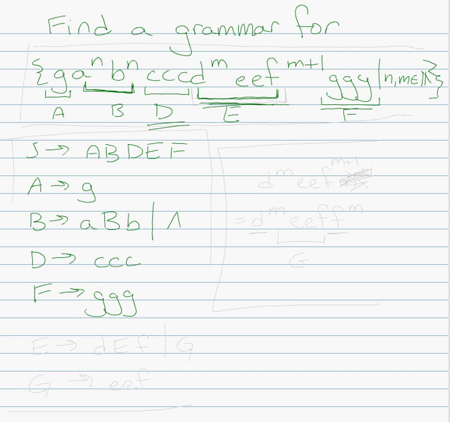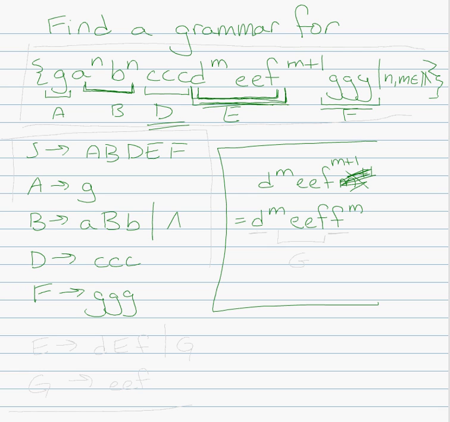So let's see. The E part is this d^m e e f^(m+1). And the thing to notice about this, let's just put a little box around here, d^m e e f^(m+1), is just the same as d^m e e f, followed by f^m, right?